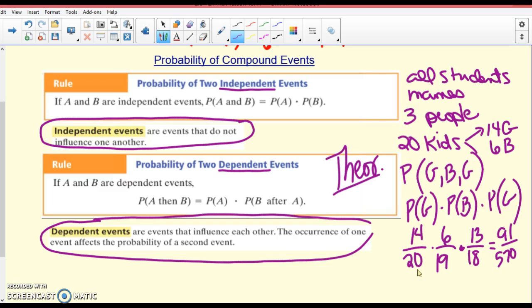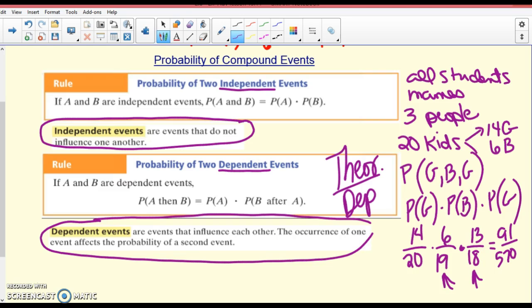Now, is it dependent or independent? Lauren, this is dependent because these 2 probabilities change based on what happened in the first one. They depend on the first one. Do you see that?